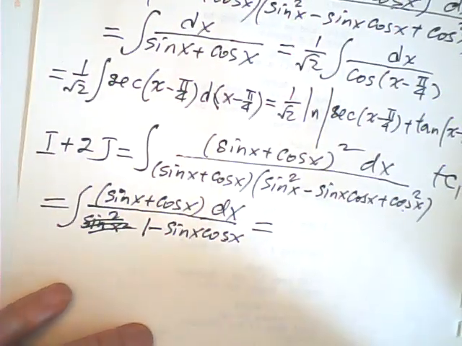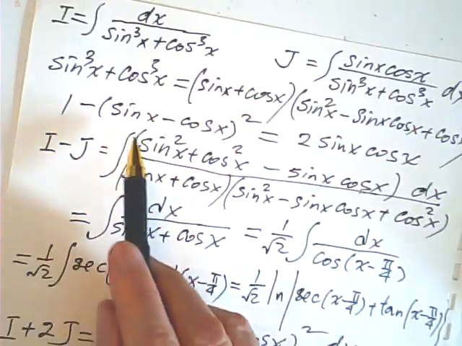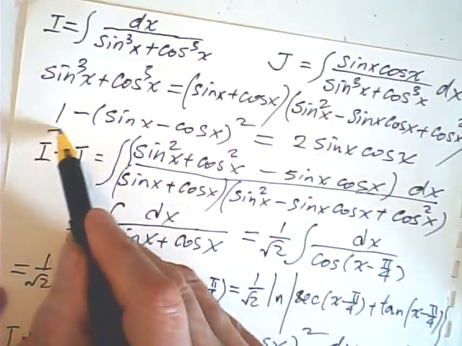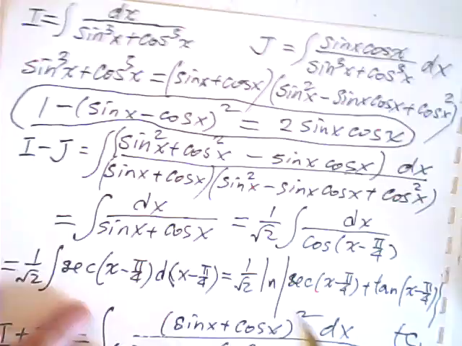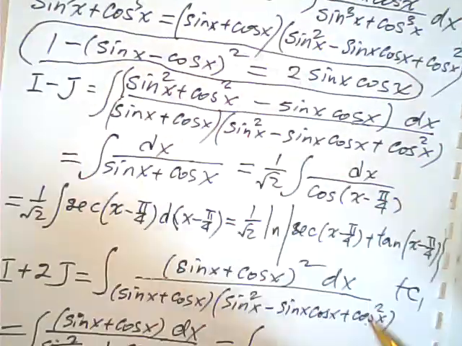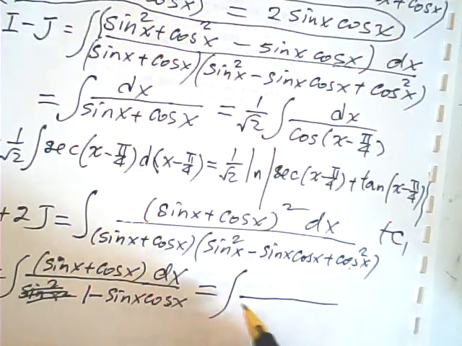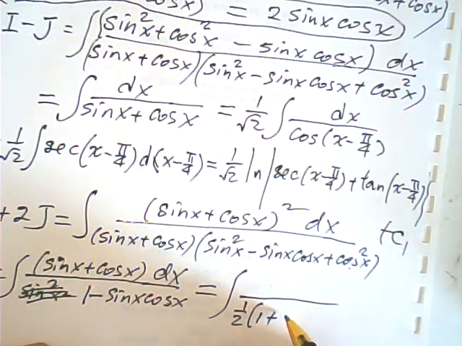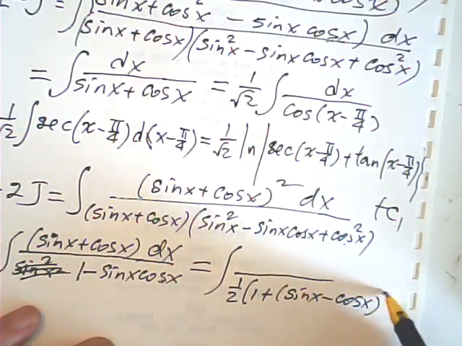Then this one equals, now we're using this equation. I'll leave it for you to develop. This is equal to 1/2 times 1 plus sine x minus cosine x squared.